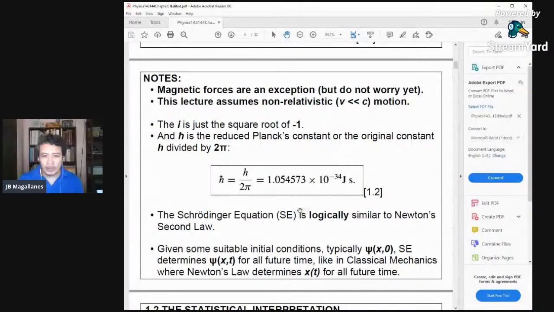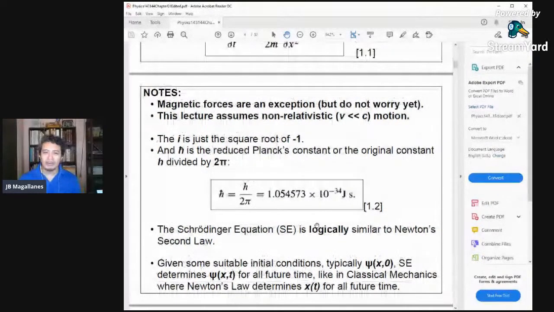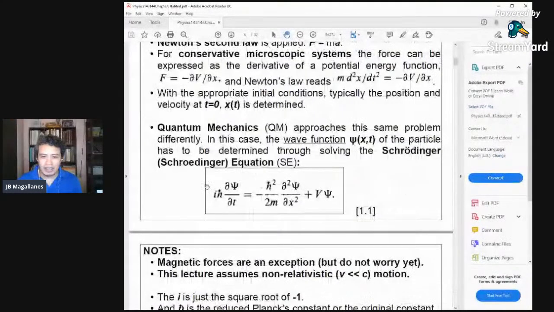The Schrödinger equation here, you have to remember as a physics student, at least you have to remember this equation. i h bar, partial differential of psi with respect to time, is equal to negative h bar squared over 2m, second order partial differential of psi with respect to space, plus the potential times the wave function.